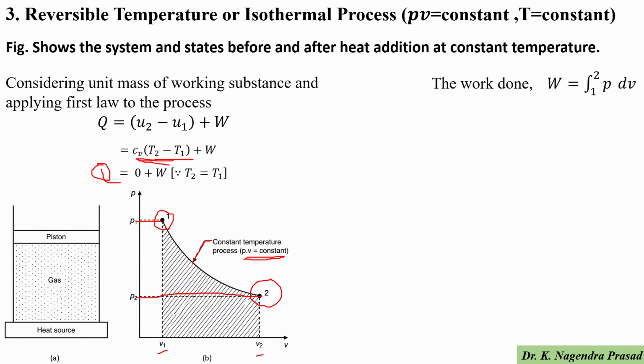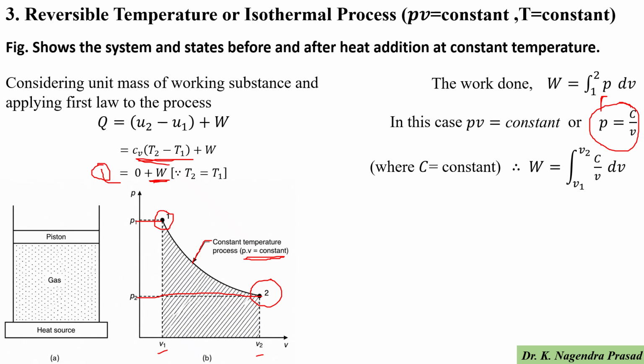Then we have to calculate the work done W. We know work done W equals the integration from 1 to 2 of P dV. The process is PV equal to a constant, so from this relation we can write P equal to C by V. Substitute this P equal to C by V in the work done equation.